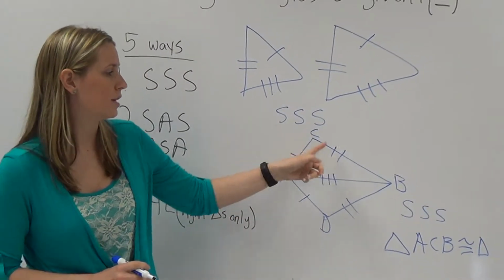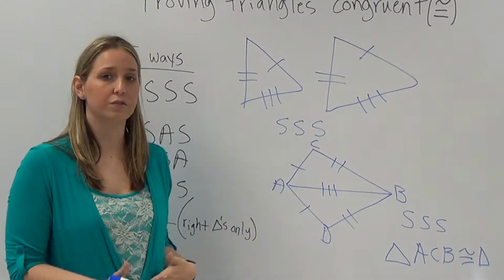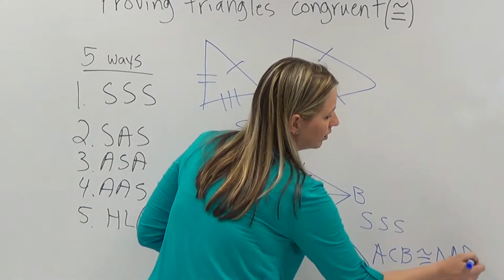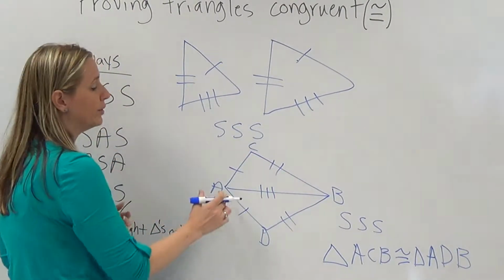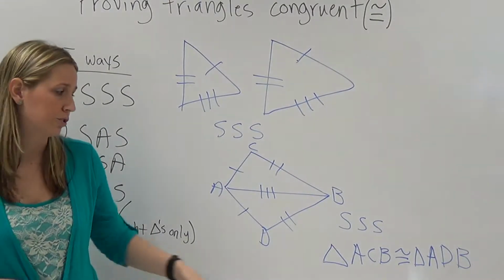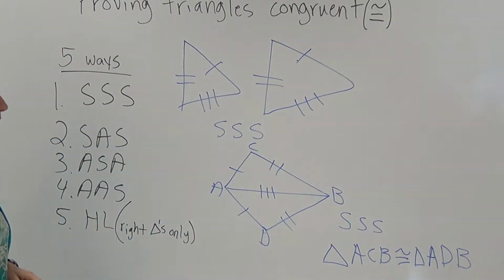If I did ACB, on the second one I have to do ADB, just to follow the same order of letters. Now if I had done ABC, on the second one I would do ABD. But the order of the letters does matter when you're doing your triangle congruent statement. And that is side, side, side.